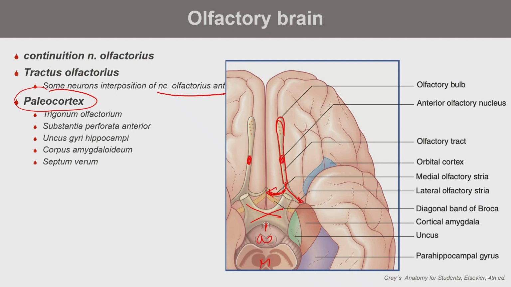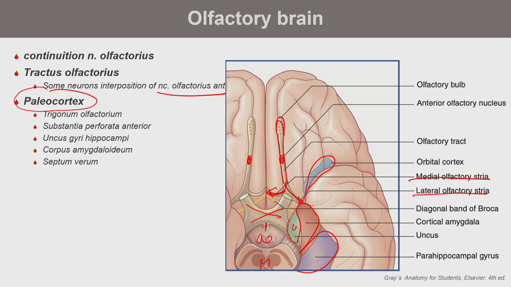One is medially, a medial olfactory stria, and a lateral olfactory stria. The lateral olfactory stria is then streaming the information into the primary cortex, which is a primary projection of olfaction, of real olfaction. And then we have other olfactory parts, which are those.